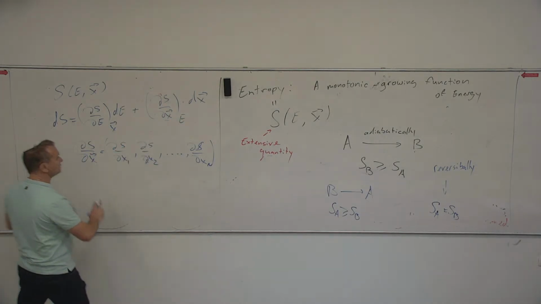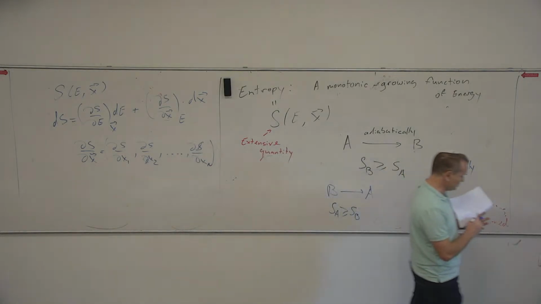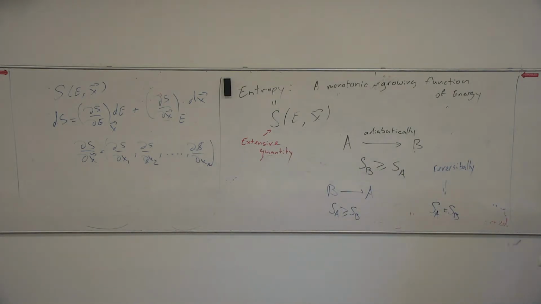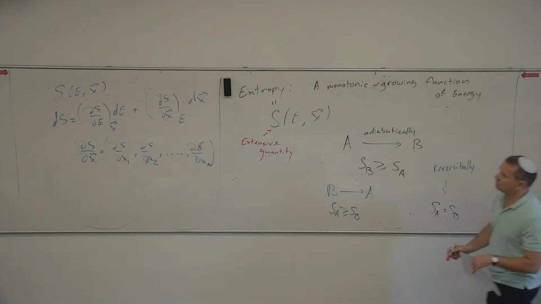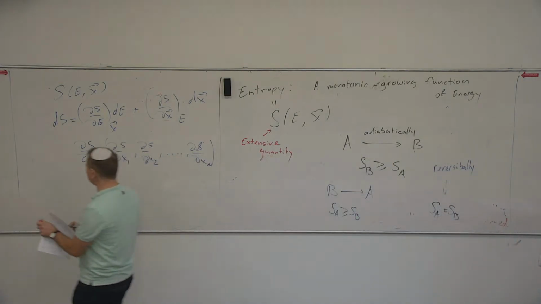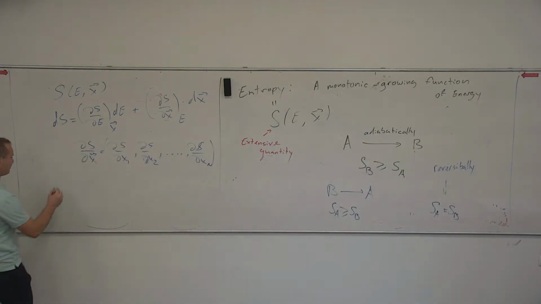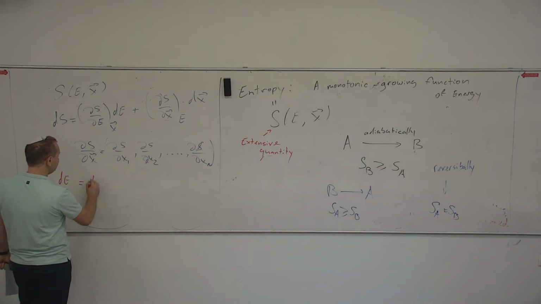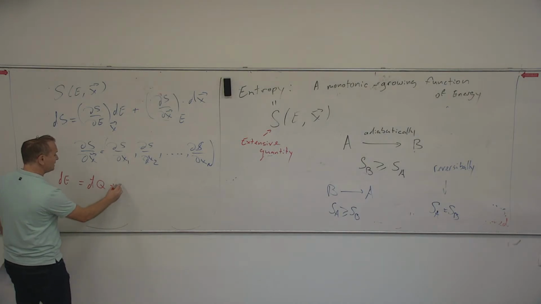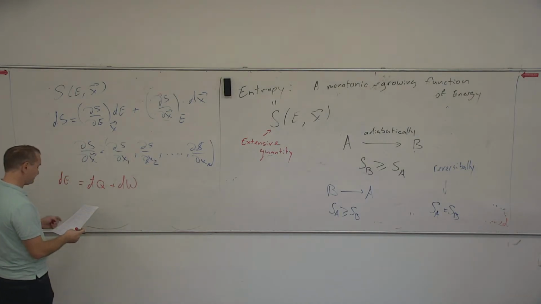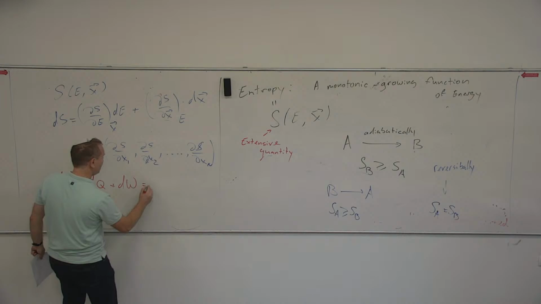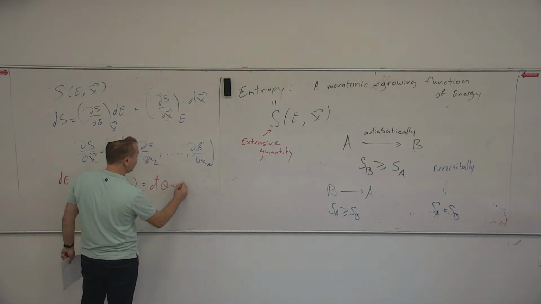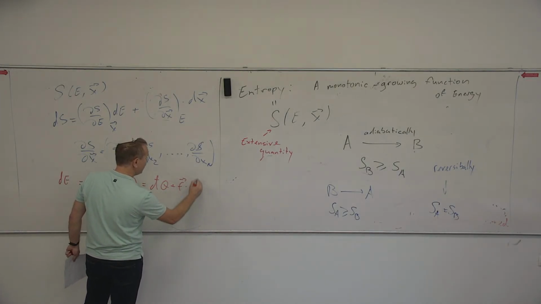Okay, what else do I have? So this is a very simple differential. There is some additional differential I have, but it's not exactly a differential. It's dE. Remember, what is dE? dE is dQ plus dW, or it is dQ plus f dot dx.